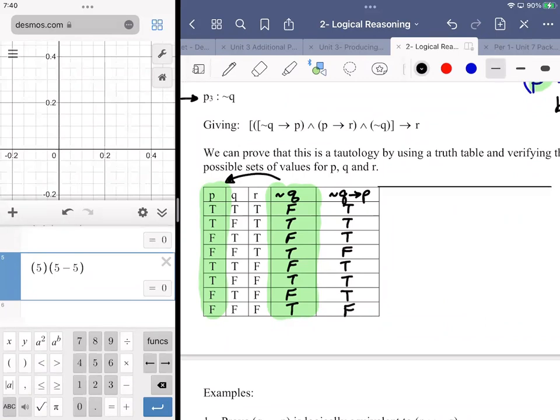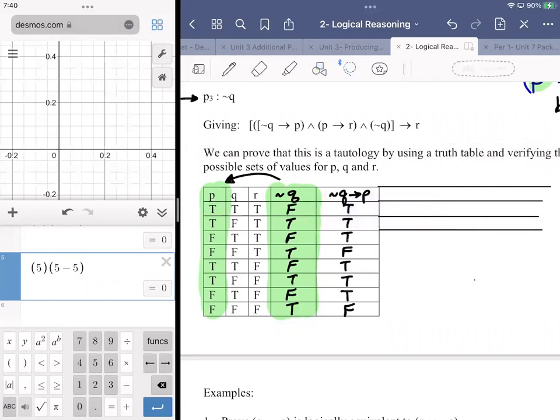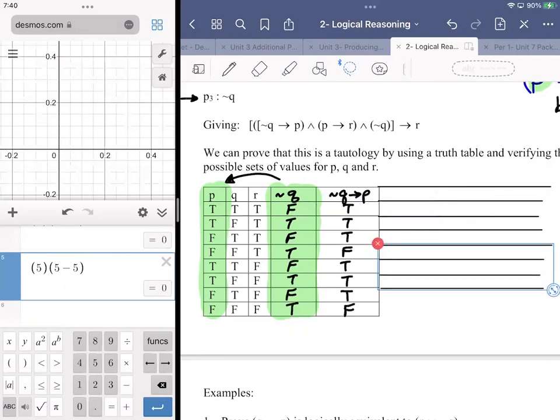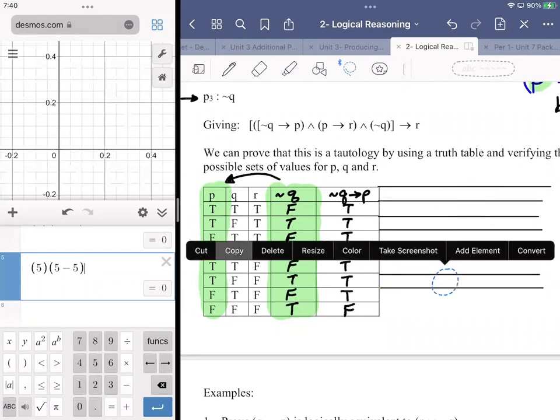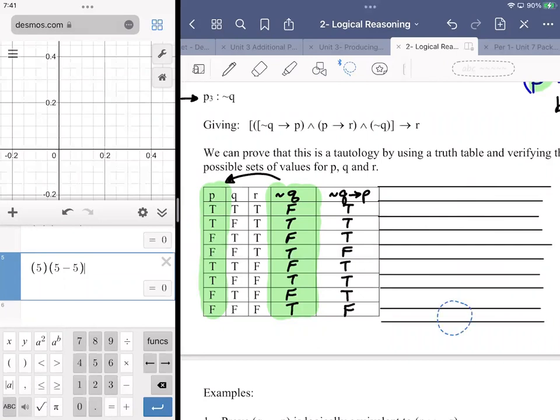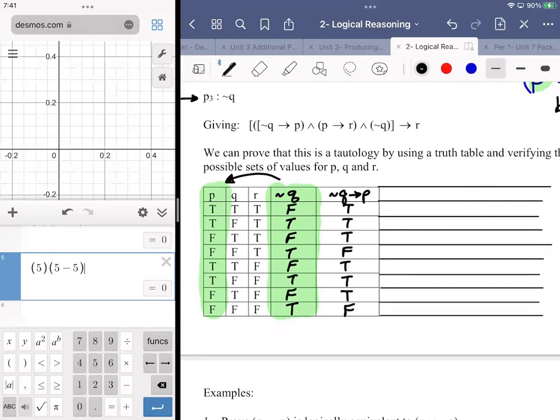Bear with me for a sec here. All right, so next up would be P implies R. Let me do that in blue.